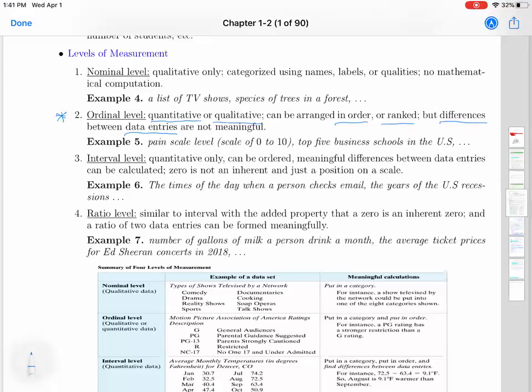That means the pain scale from 0 to 10 is at the ordinal level. Or if you look at the top 5 business schools in the US, ranked 1st, 2nd, 3rd, 4th, and 5th, those data are at the ordinal level. Even though the data is qualitative, it's at the ordinal level because it has order.